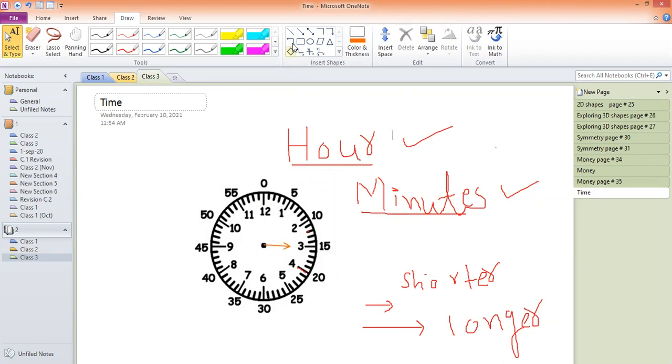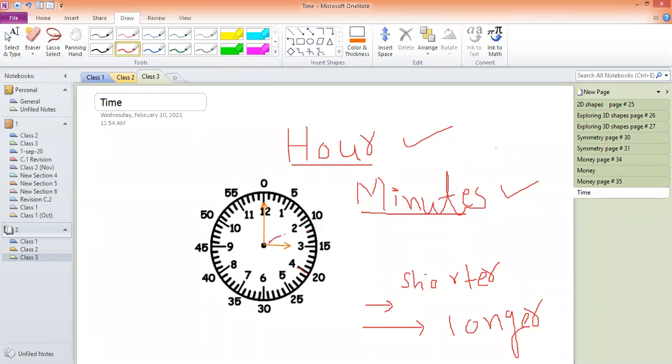Now I'm going to take one long hand. This is a long hand. So guys, this short hand tells you about hours, and this long hand tells you about the minutes.